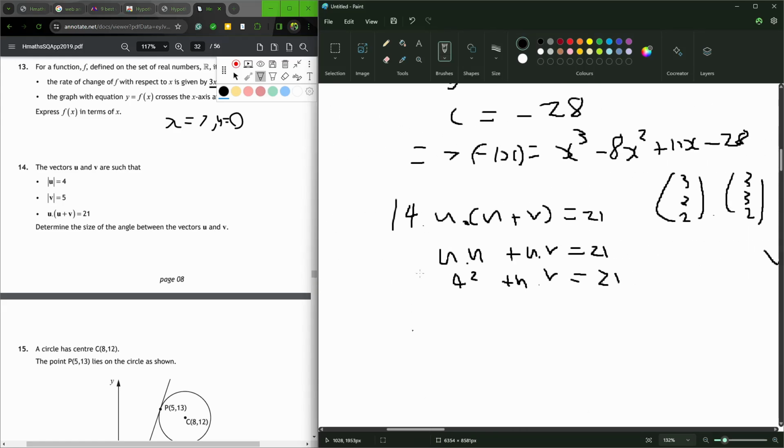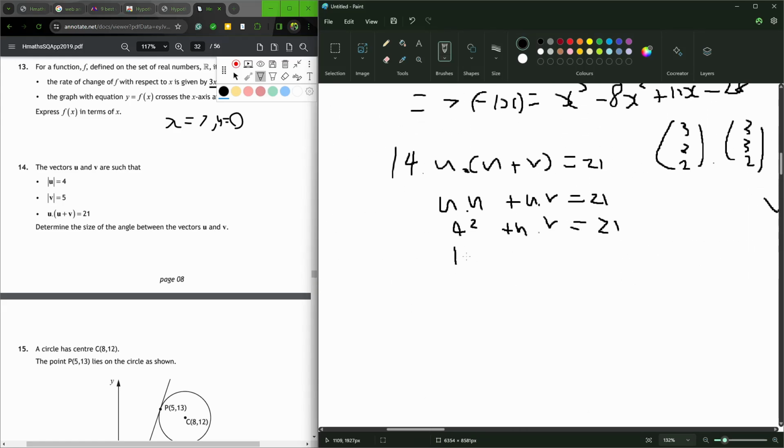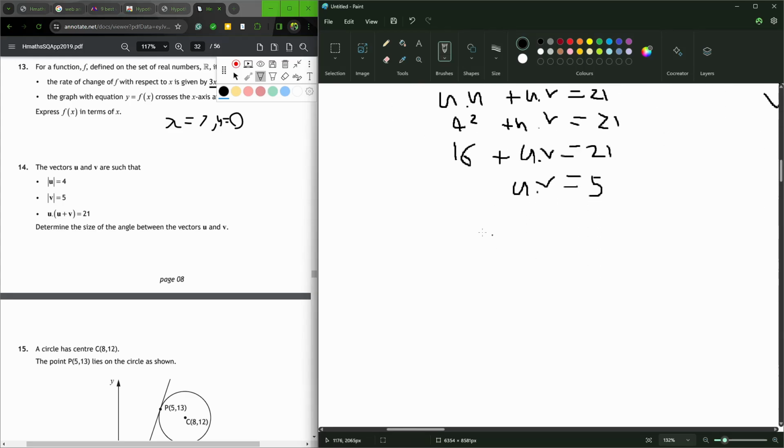So that means that 16 plus u dot v equals 21. If we take away 16 from both sides, we end up with the dot product being 5. Then we can throw in this equation, which is just a rearranged one of the one you saw earlier: u dot v over the magnitudes equals cos theta. Throw in our numbers.